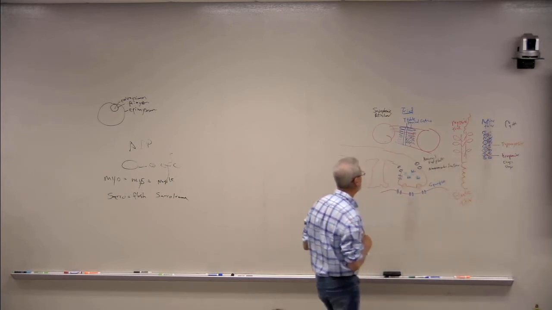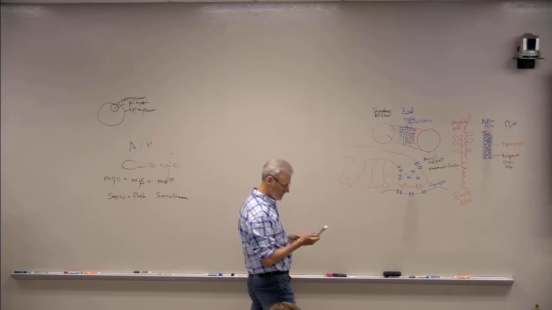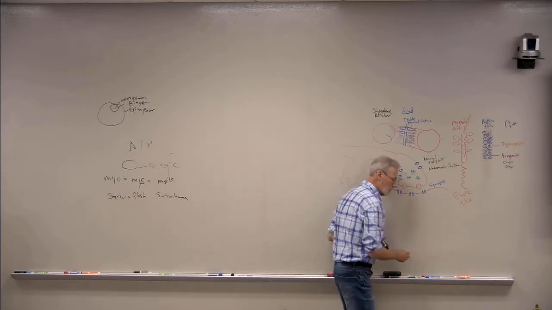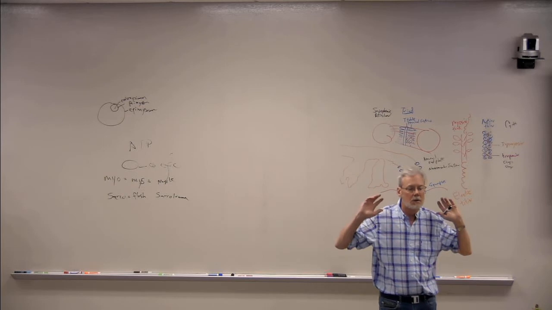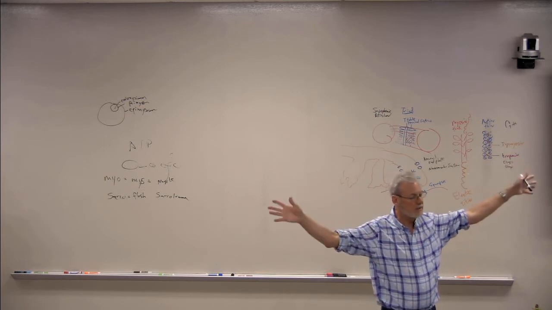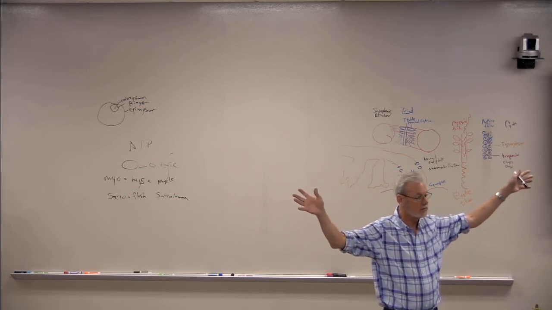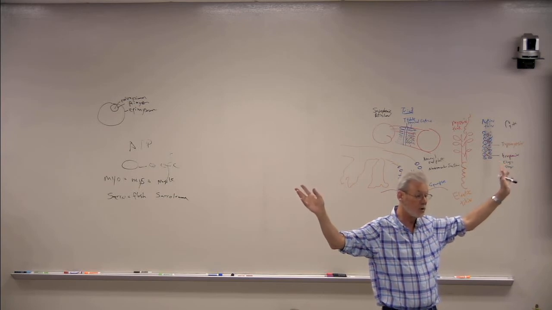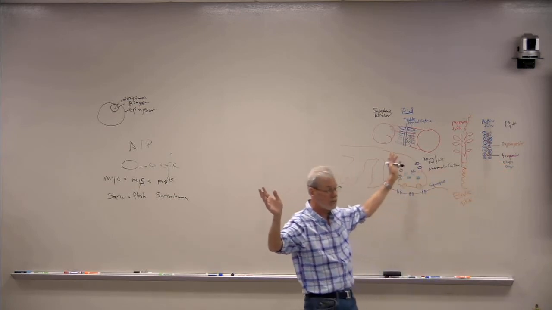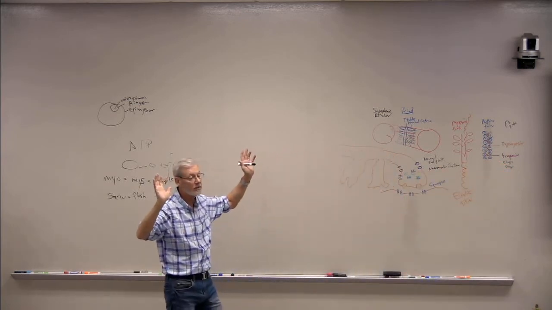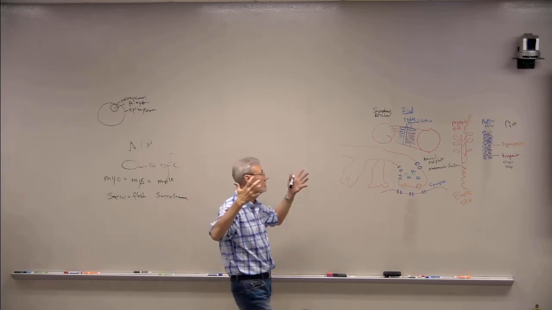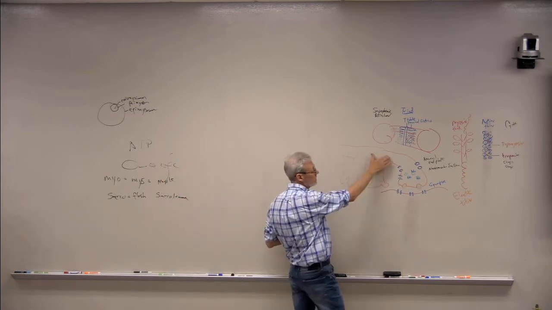So basically what happens is this. A signal comes down that nerve, an electrical signal. And we're going to talk about this in the neurology chapters after this pretty quick. But anyway, an electrical signal comes down this nerve.